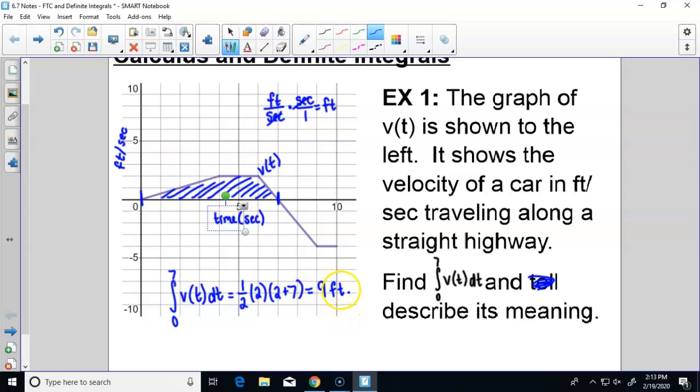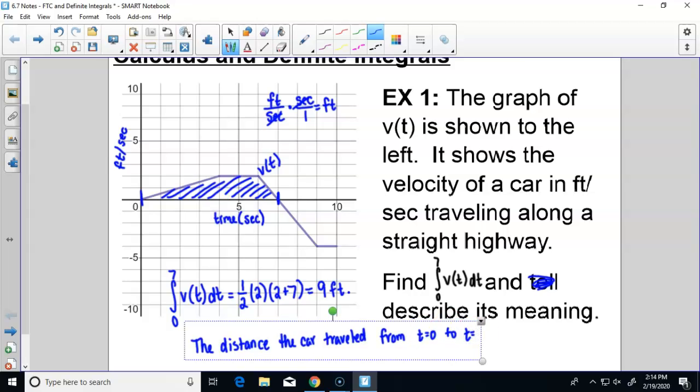So this 9 feet, this is going to be the distance the car traveled from t equals 0 to t equals 7.